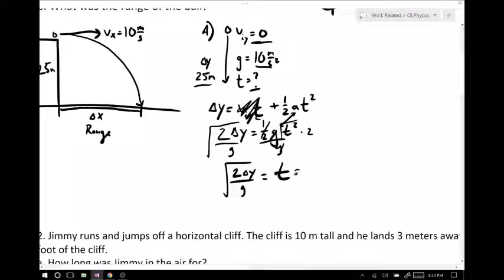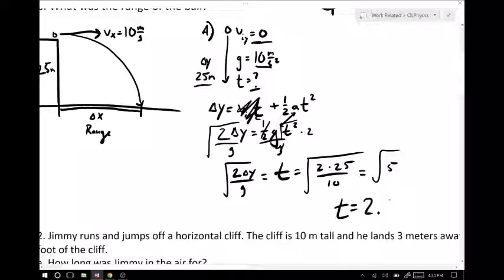If we plug that all in, we get the square root of 2 times 25, which is 50, divided by 10, which is 5. So we're getting the square root of 5. And if I calculate that, we are getting 2.23 seconds.